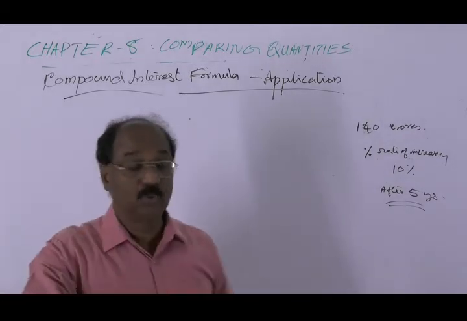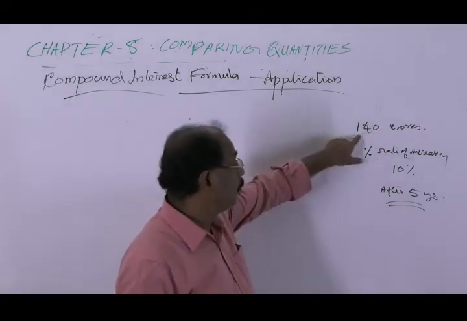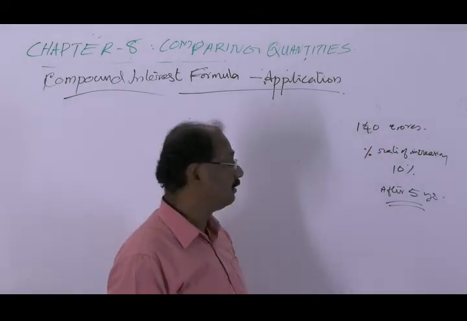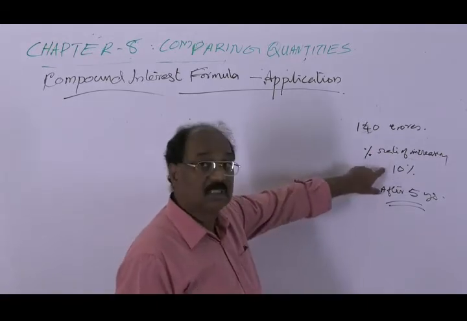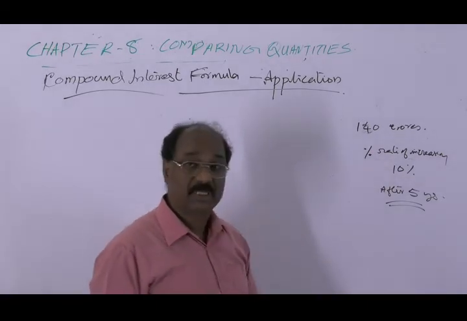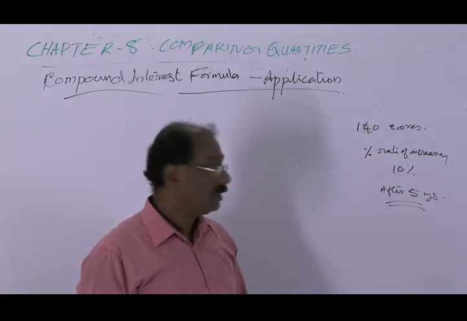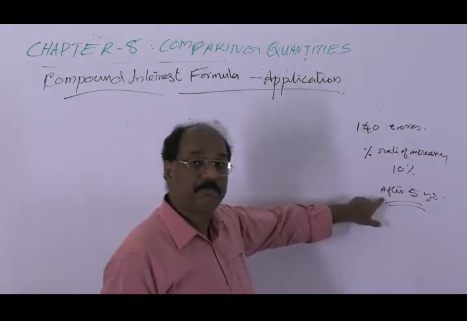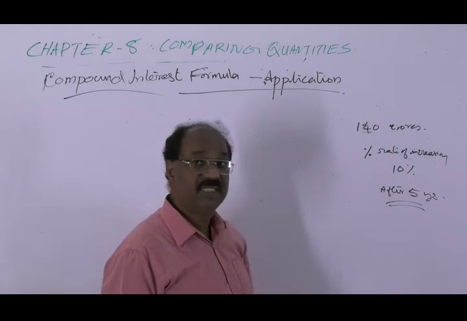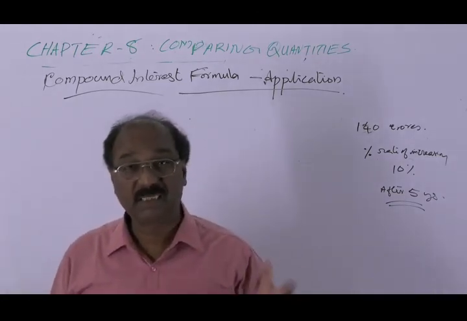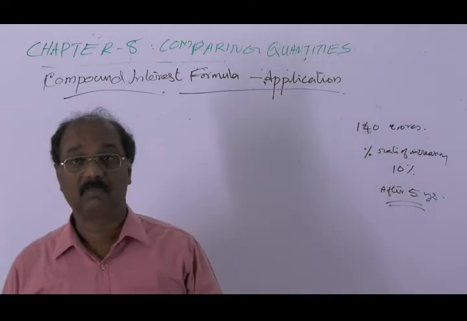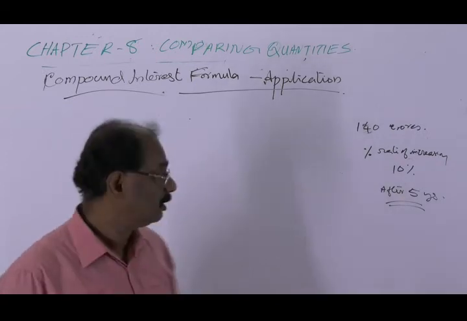This is similar to depositing an amount of 140 in a bank at an interest rate of 10% to find the total amount after 5 years or the total interest. Exactly similar. Apply that formula.